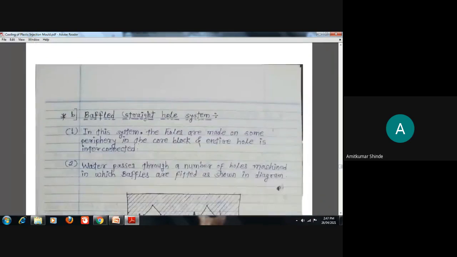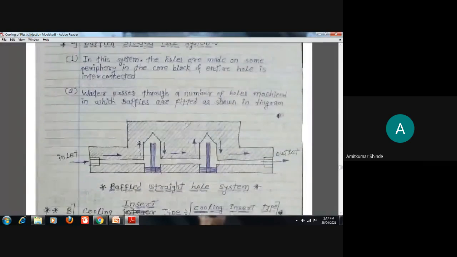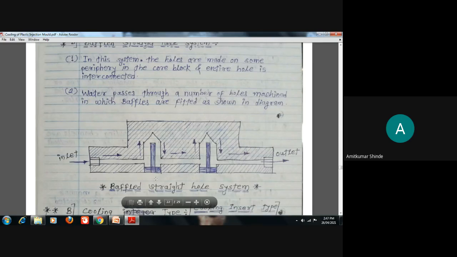Then the second type is the baffled straight hole system. Now in this baffled straight hole system, this is your core block. Holes are made in such a way that they are interconnected with each other.